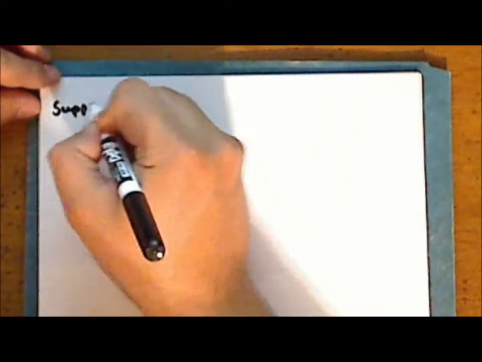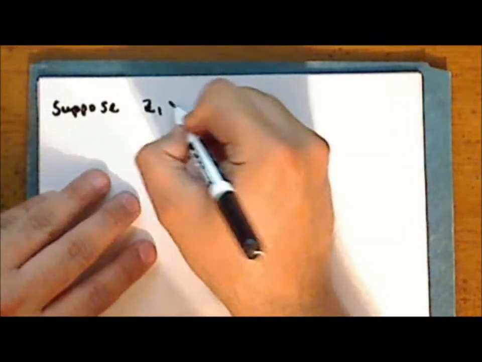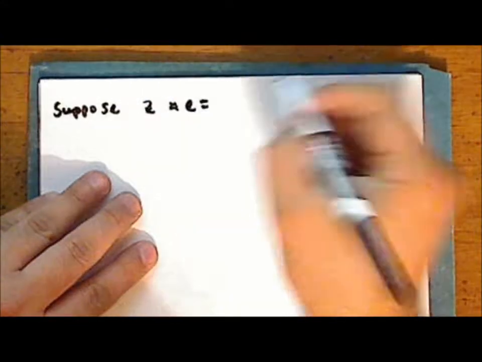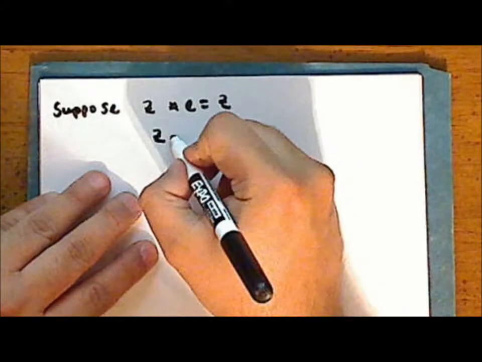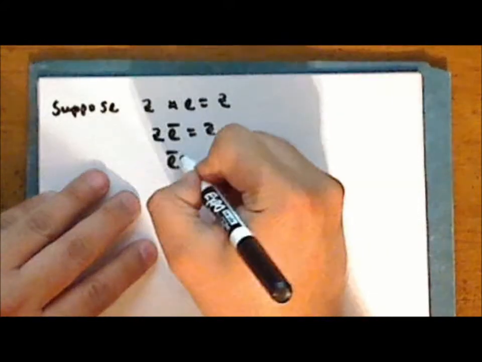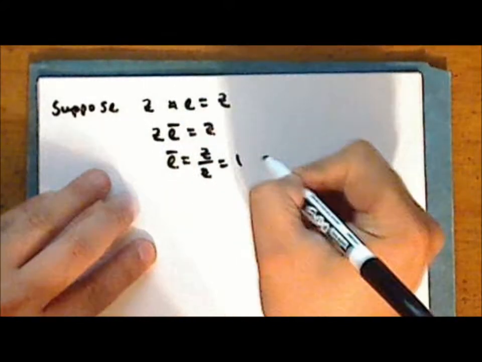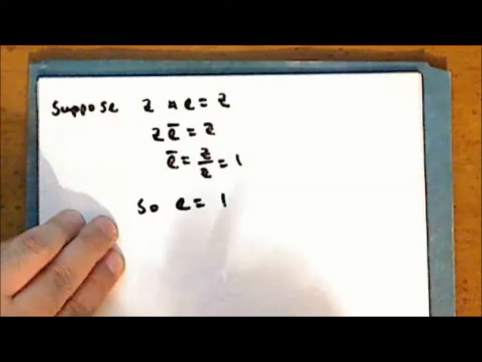Now suppose that z star e gives z. Then we have that z times the conjugate of e gives z. So the conjugate of e is z over z, which is 1. And so e is 1.